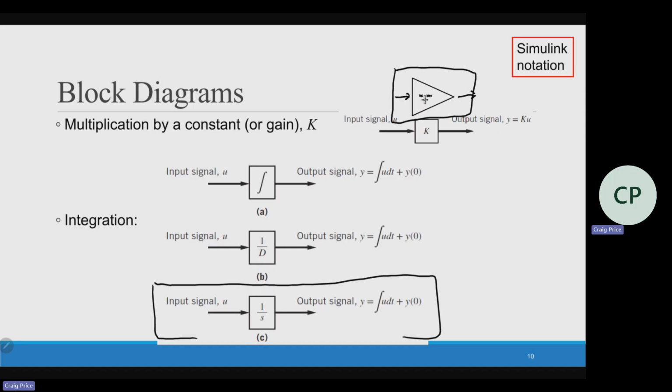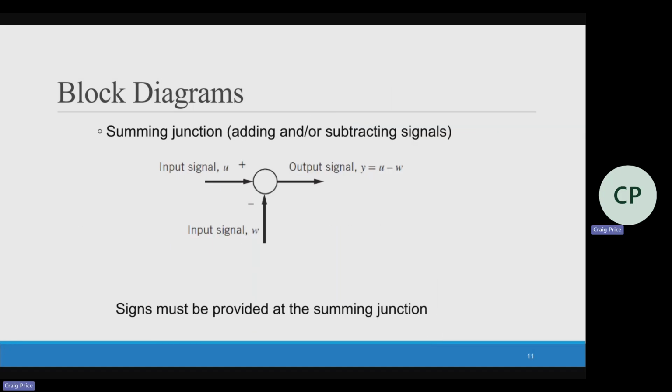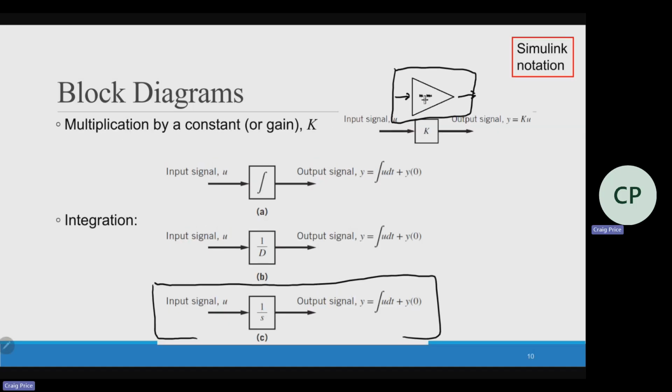If 1 over s is the integral, then the derivative would be... Oh wait, no. Derivative would be just a block of s. Because remember, dot becomes s, the derivative. So s is essentially the derivative with respect to time. So if I multiply something by s, that's taking its derivative. Y dot is the same as s times y.